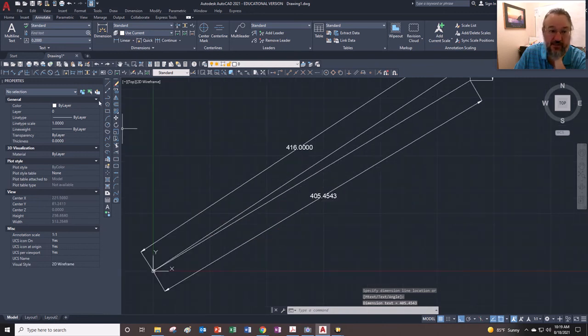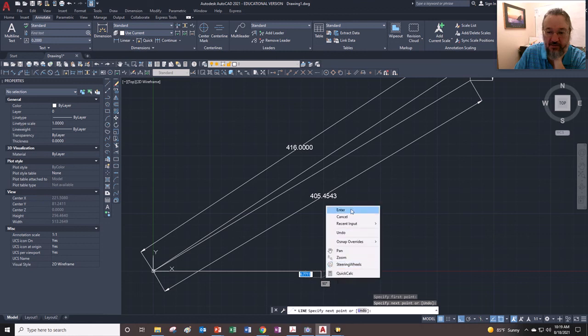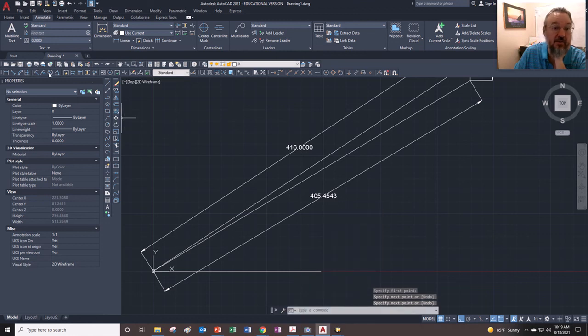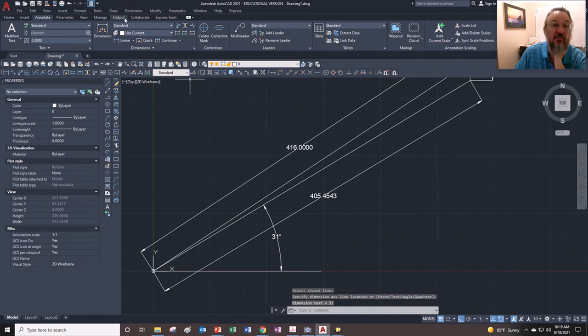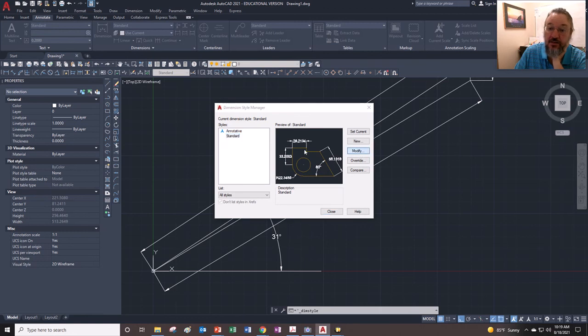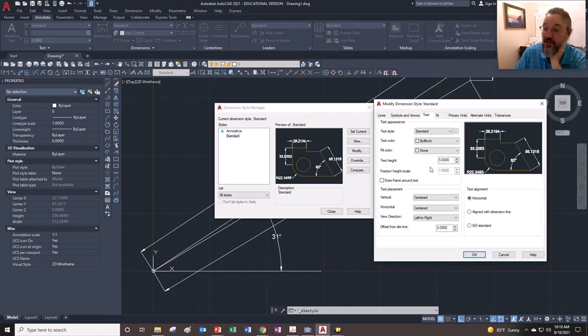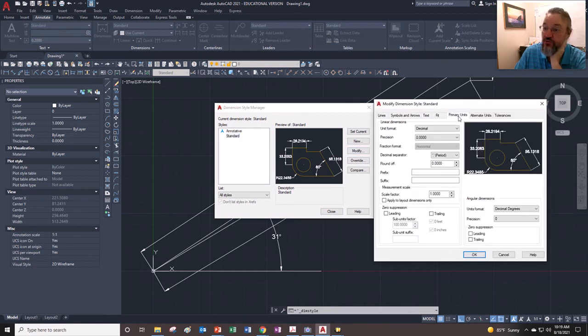And if I draw this guy right in there, you can see what the angle is going to be. There's your 31, but let's change the dimension style and just modify this and then go for angles, primary units, degrees.